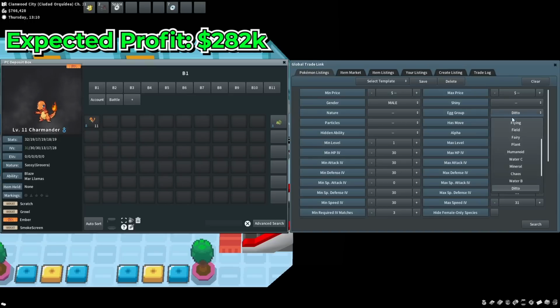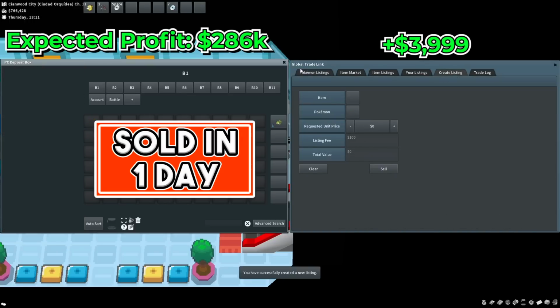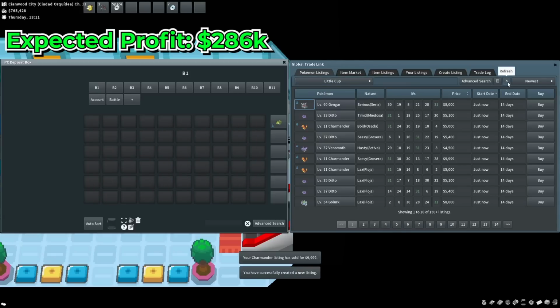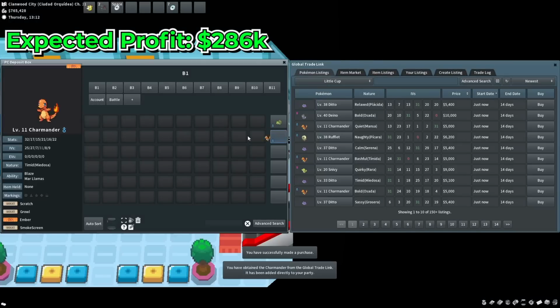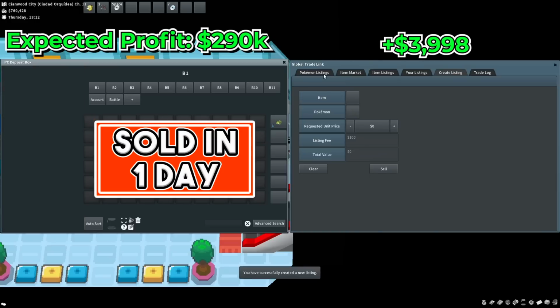Let's see Dragon as well. Yep, around 10, so it's okay. Another Timid one, we'll put it at 9998, and we'll keep going.